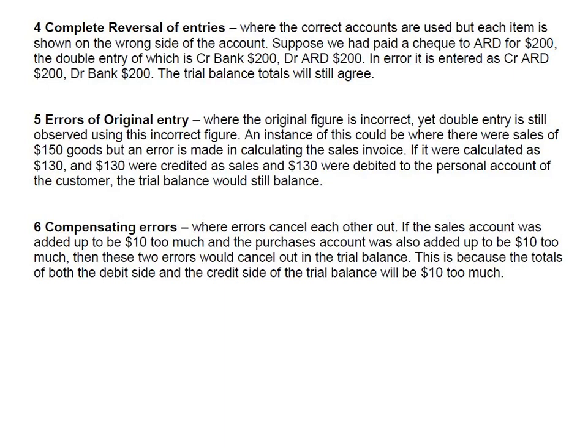The reason for this, my dear students, is that ARD paid us, but we did not debit the bank. Now if we debit the bank by 200, that debit and the error entry that we by mistake credited for 200, these both entries cancel each other out.